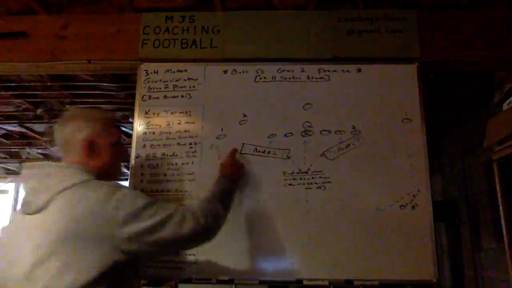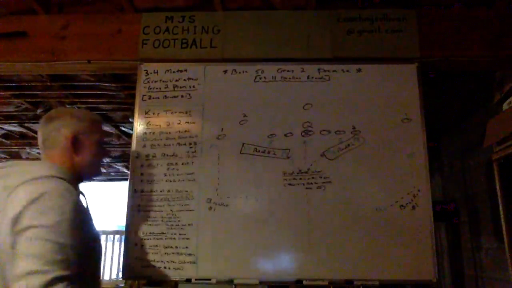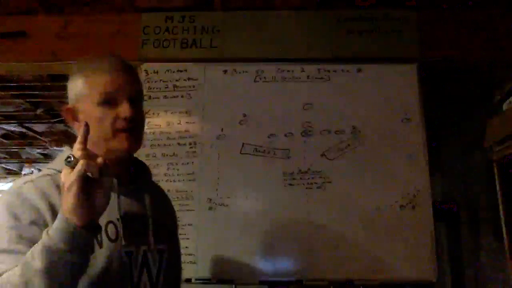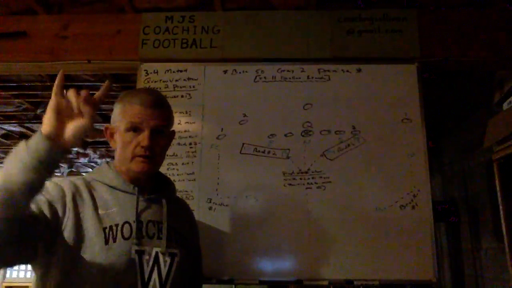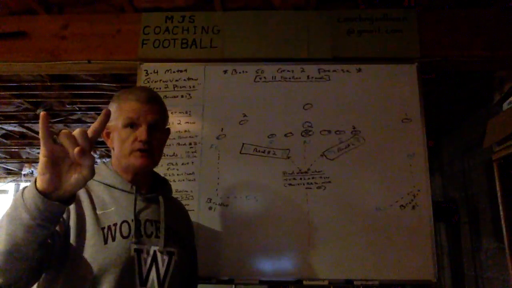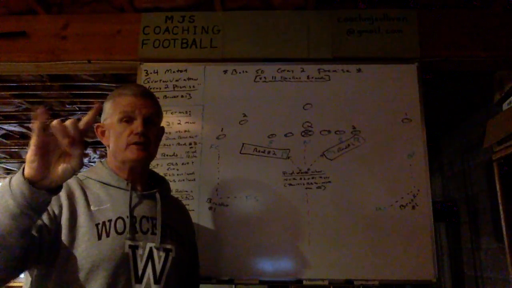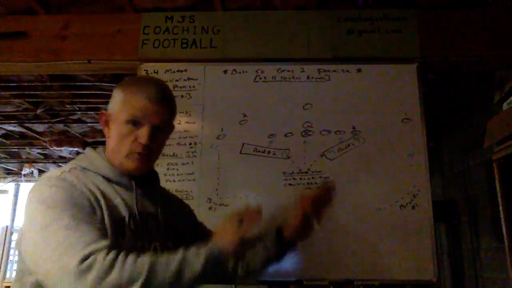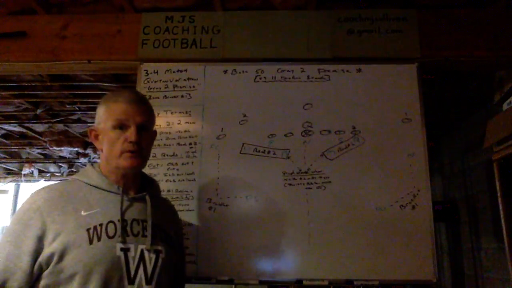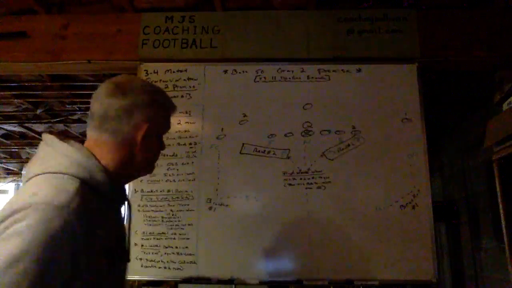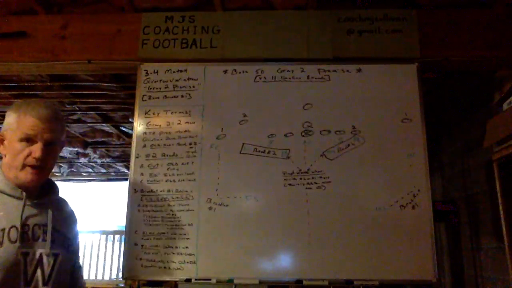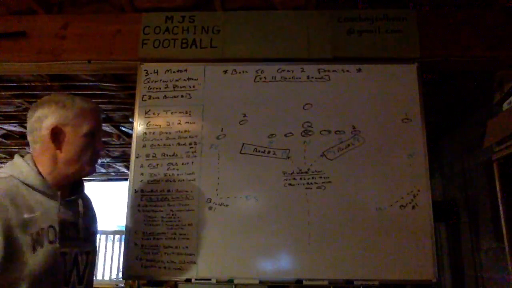So both outside linebackers and both inside linebackers are reading number 2 to number 1. That's the key. 2 to 1. It's 2 first, then tells them if they even have to go to number 1, and if so, what do they do if they do have to go to number 1? Okay? So that is the first key term. That in a nutshell is Grade 2.